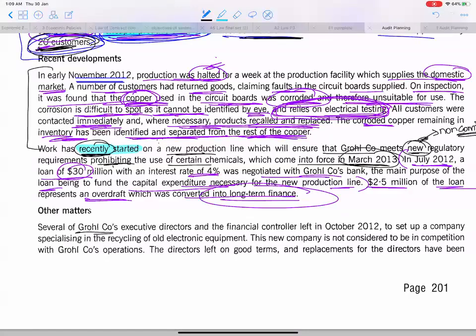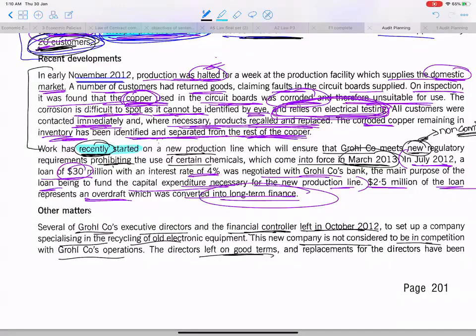Several of the Grohl Company executive directors and financial controller left in October 2012. So you can argue a risk of loss of key management personnel. Your strategic team has left to set up a company in recycling of old electronic equipment. This new company is not considered to be in competition with Grohl.